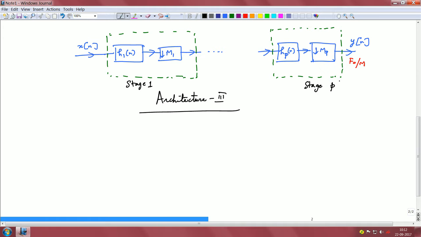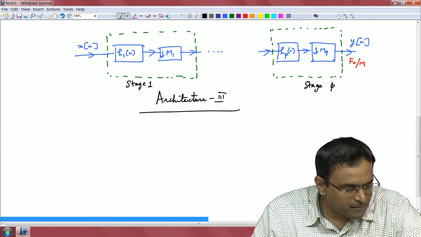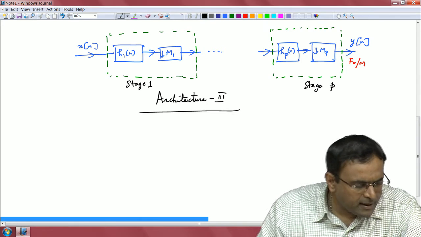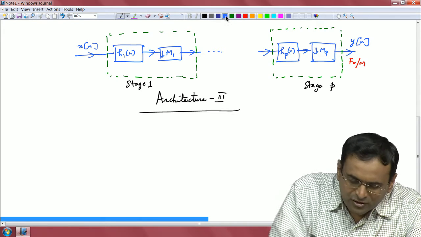So, this is the idea behind multistage implementation, but you may ask this question to start with.